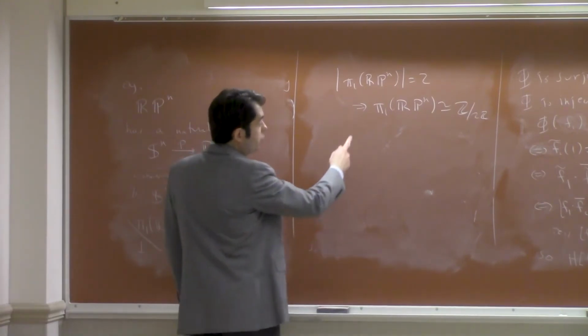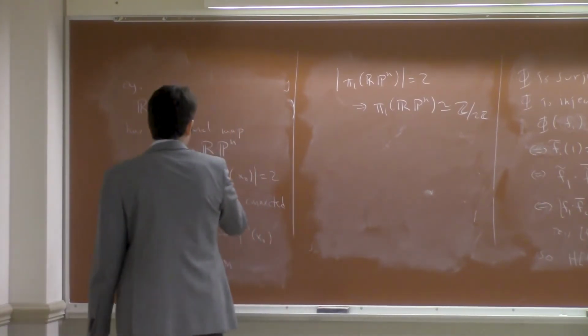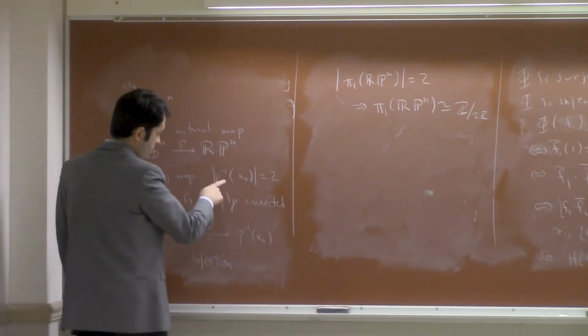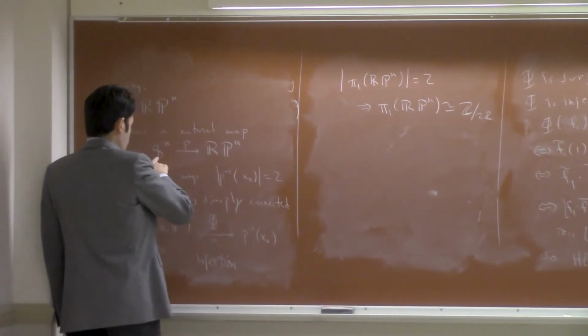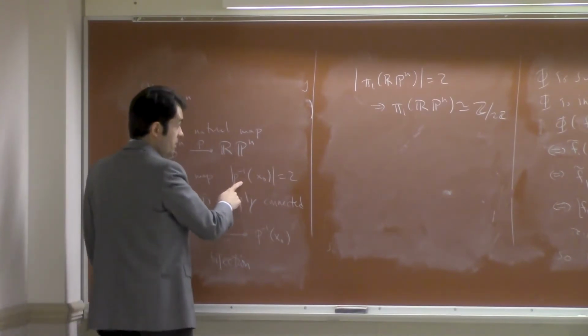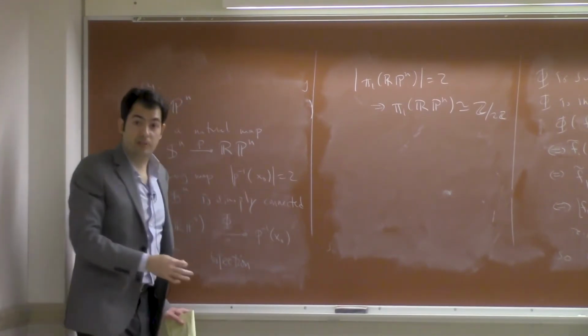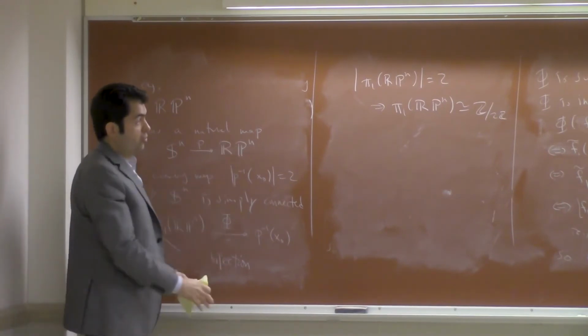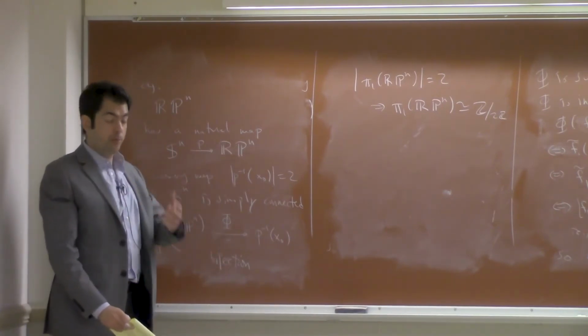Okay, you could use the same trick. Of course, all that mattered was that we were looking at a universal cover and that the number of sheets is a prime number, because then just knowing the cardinality of the group gives us the group.